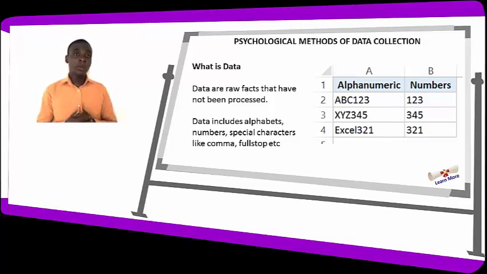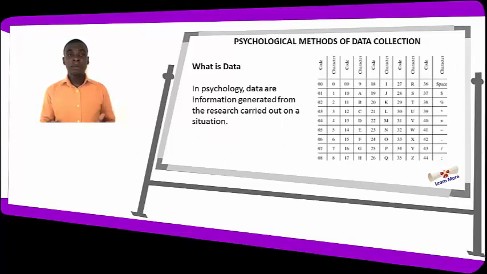So if we carry out a research on, let's say, the effect of COVID-19 on tertiary institution students, and we are using Unilag as a case study, the data we generate, the feedback the students give back to us, is what we call data.